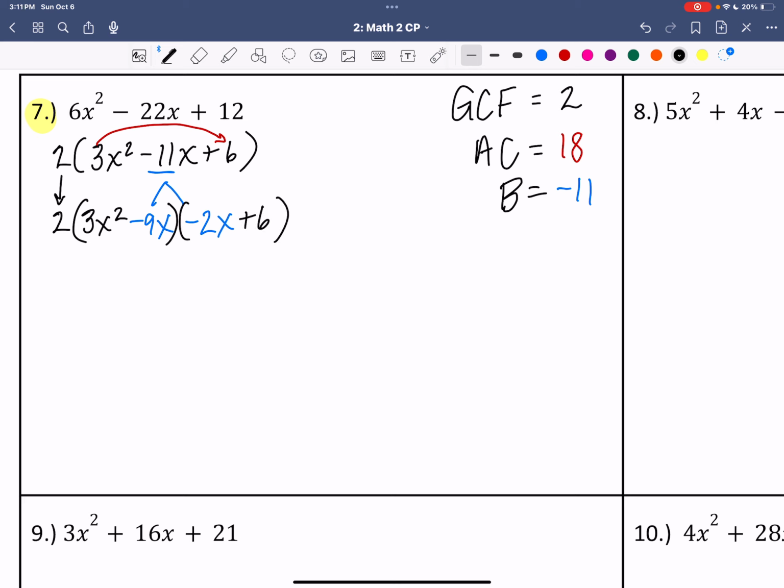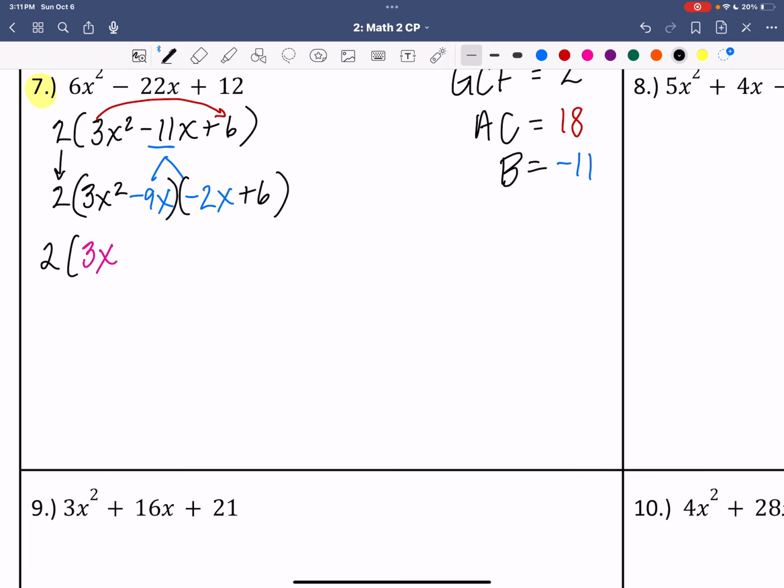All right, now let's start factoring. So I've got my 2 outside. And then I'm going to look at 3x squared and -9. And I'm going to pull out a 3x. And what is left over is x.